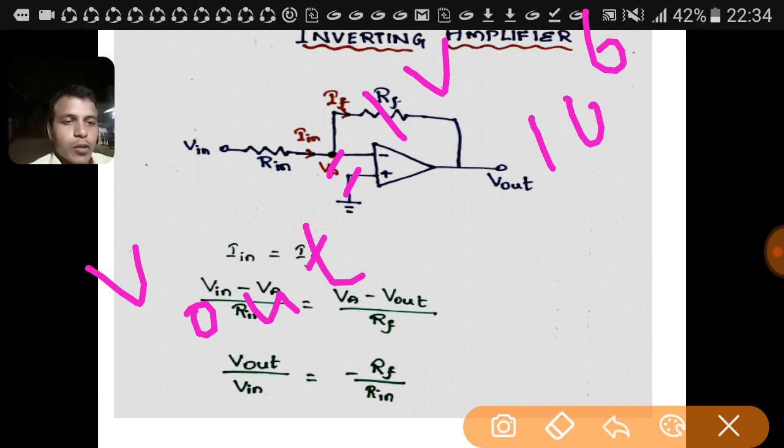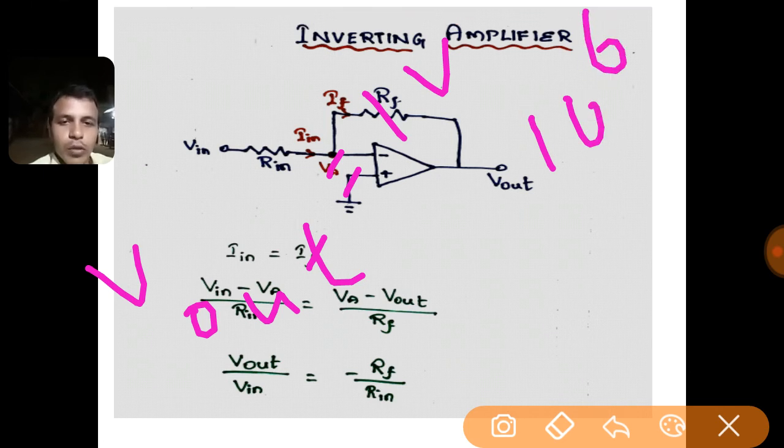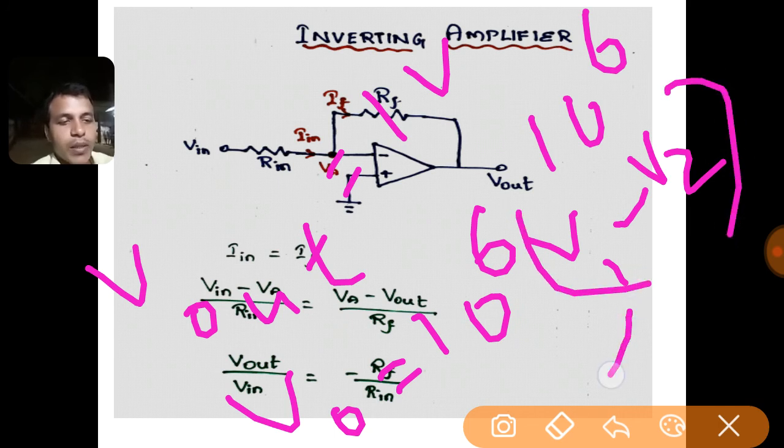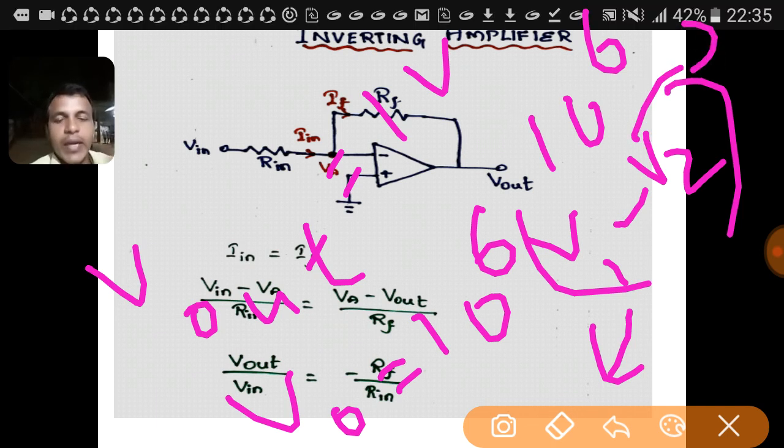So what should be the difference between the two input voltages? If V out is equal to 1 volt and the gain is 10 power 6, then V out is equal to the gain 10 power 6 into the difference between the two input voltages, V1 minus V2. Let V1 be the input voltage of the non-inverting terminal and V2 be the input voltage of the inverting terminal.